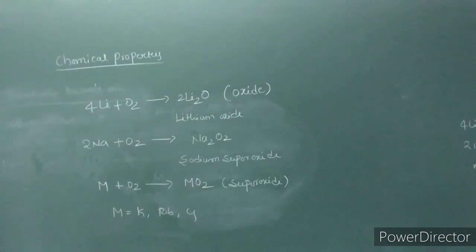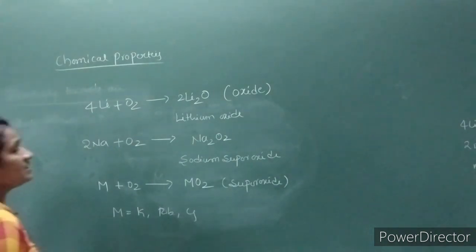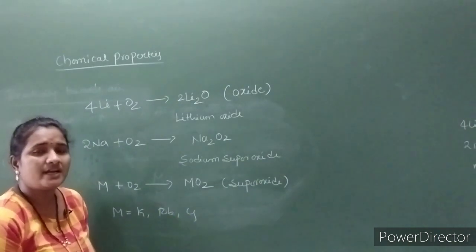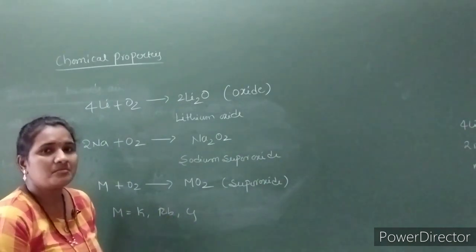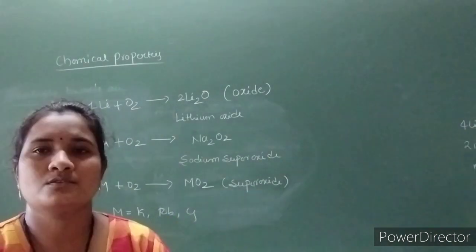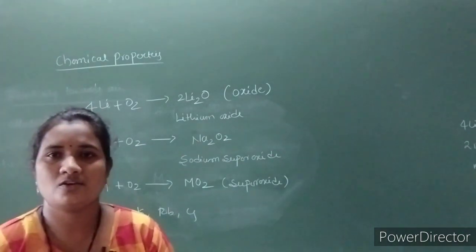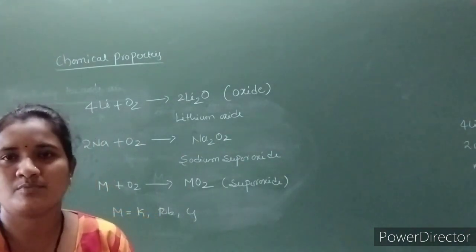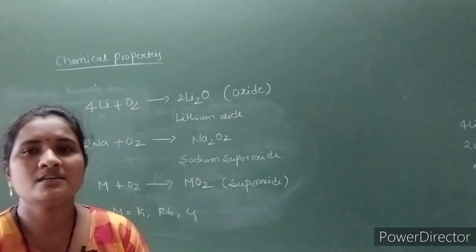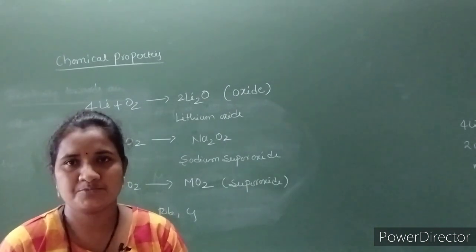The lithium shows exceptional behavior and reacts directly with the nitrogen present in air and gives lithium nitride. So all alkali metals in their oxide form exhibit +1 oxidation state, and lithium shows some exceptional character.